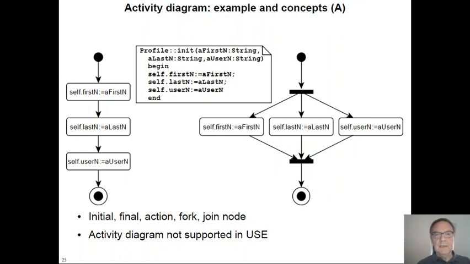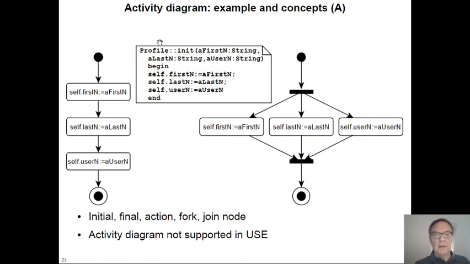We have seen the activity diagram before with an example, and I have shortly explained the initial concepts. The example for an activity diagram was the explanation of what happens inside the operation init that initializes a profile object.